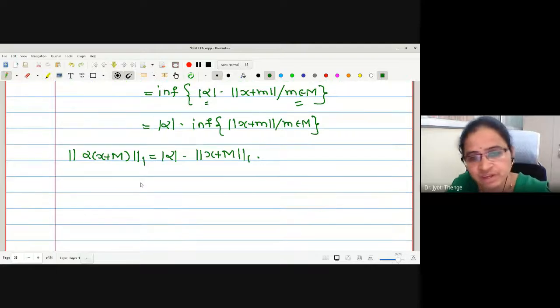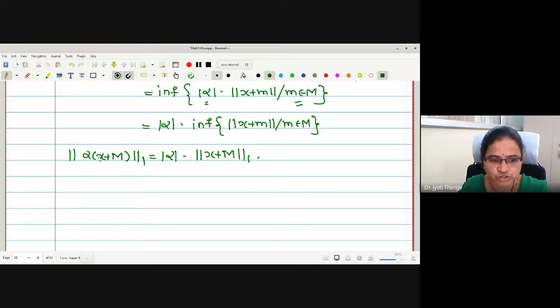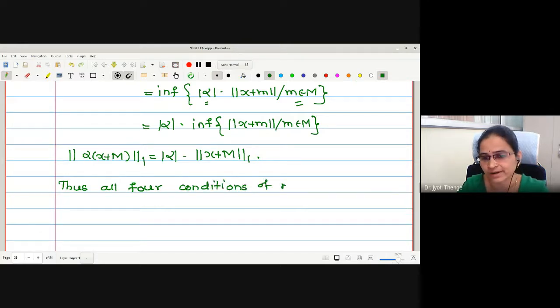Okay, thus we have verified all the four conditions. Therefore, this norm 1 is a norm on the quotient space. All four conditions of norm are verified or satisfied.